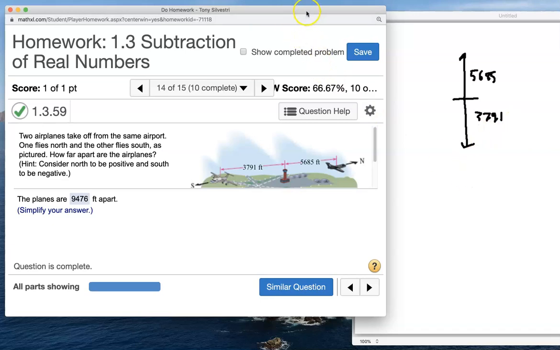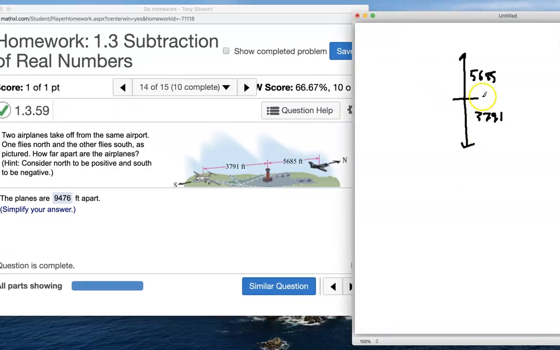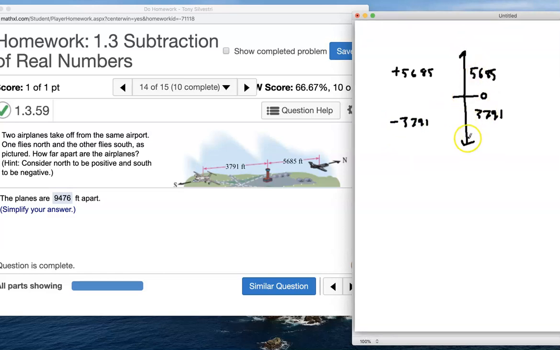I guess what they were trying to say is if you consider the airport 0, this guy going north is considered going up 56.85. And this number down here, south, would be like a negative, so that would be negative 37.91. And the distance between two things is given by subtraction.